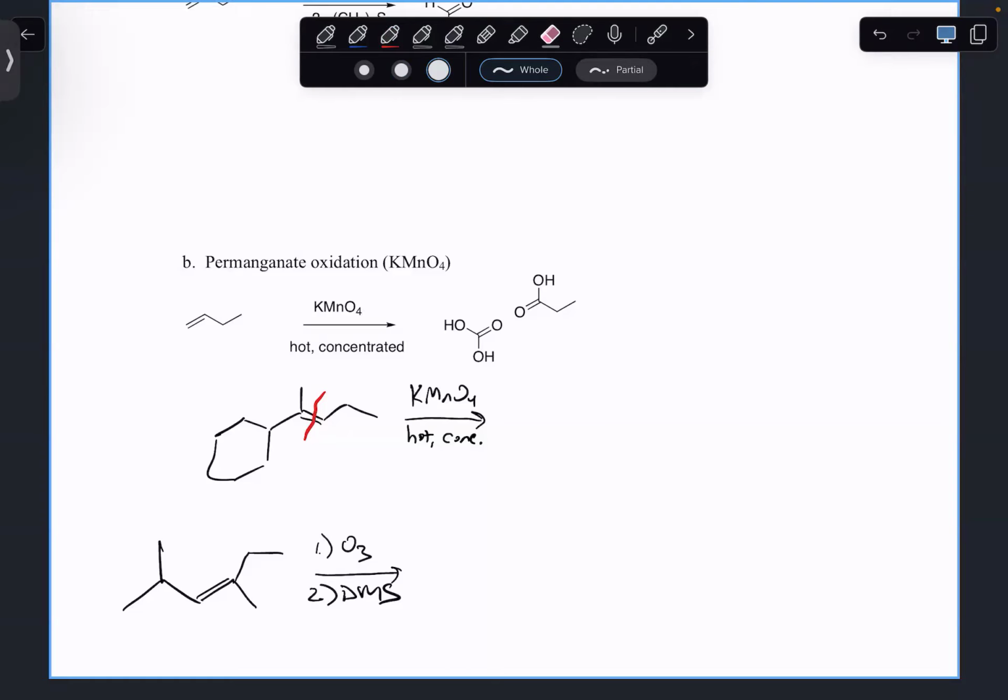So let's go ahead and predict the products of this oxidative cleavage. So the left-hand part of my molecule is going to look like this. Now, it was that carbon that I highlighted in green there, that was the carbon that was double bonded to the other carbon. So in the product, I'm just going to put it double bonded to oxygen.